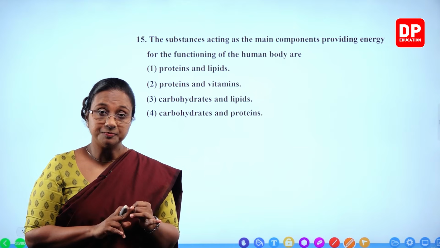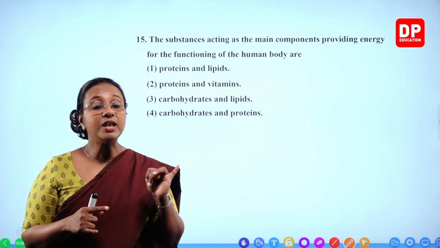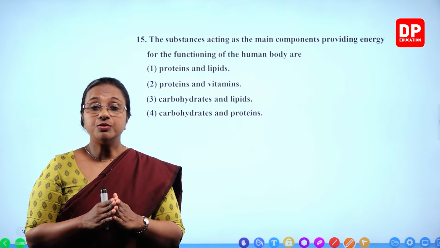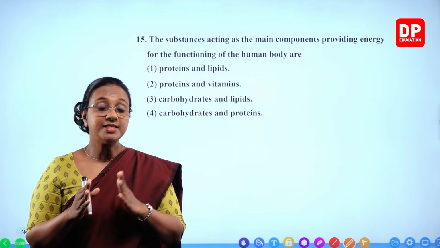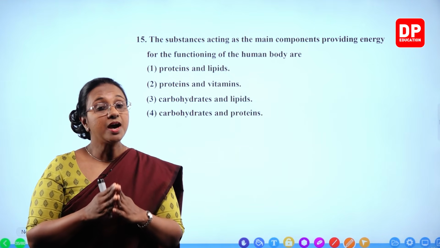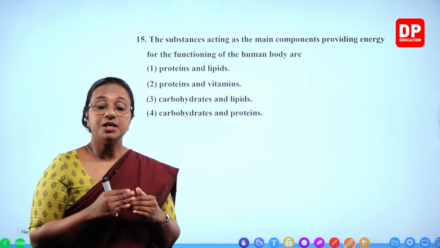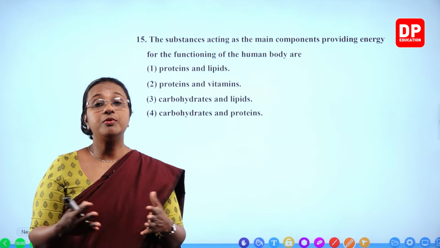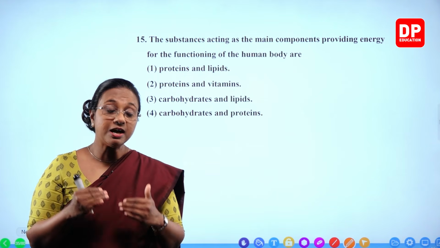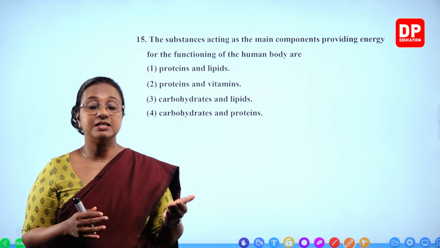But the other three, carbohydrates, proteins and lipids, they all act as energy sources. But you all know, carbohydrates and lipids are the main energy sources. If there are no carbohydrate or lipid sources in the human body, then protein acts as the energy source. In the absence or shortage of carbohydrates and lipids, then protein acts as the energy source.